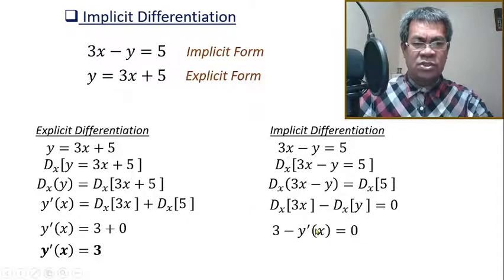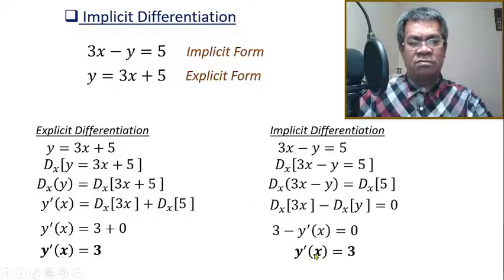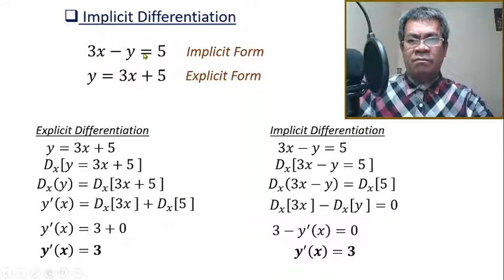Since we are looking for the derivative with respect to x, it should be the same as this answer. In other words, if we have the two forms, implicit and explicit, differentiating will always provide the same answer.